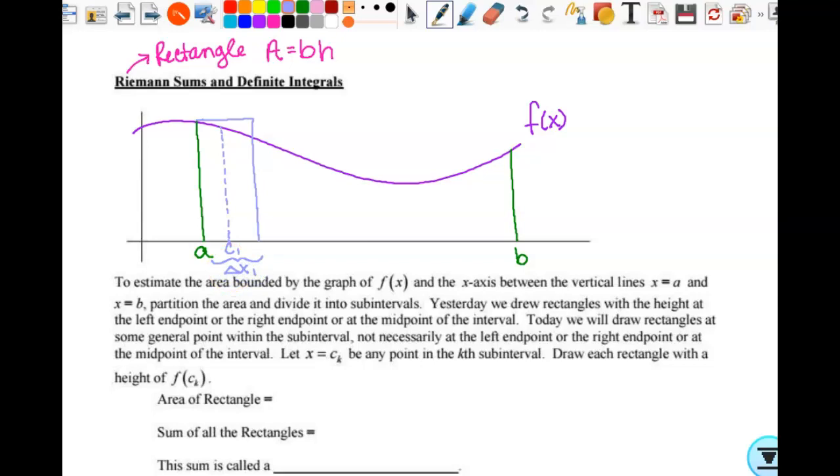Does that make sense? Then I'm going to draw another rectangle. We'll make this the height. This can be C2. Mine, no matter what I do, they always kind of look like they're in the middle, not what I'm trying to do. So this is delta x sub 2.